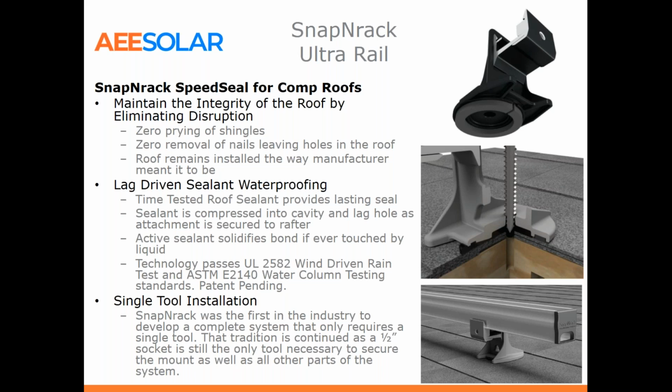So it's a lag screw that goes directly down into there, hits your structure, and that mount, the completed mount on the bottom, you can see how that works with the UR40 or the UR60 rail. So SnapNrack worked really hard on getting this approved and tested and fully warrantied, and it's proving very popular.